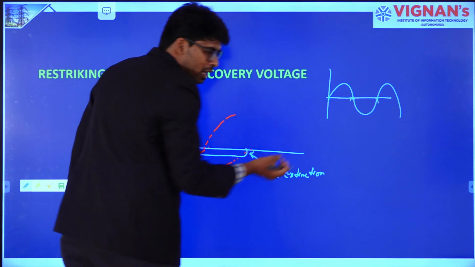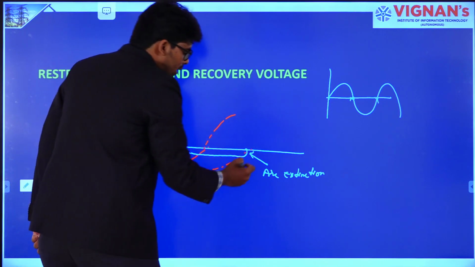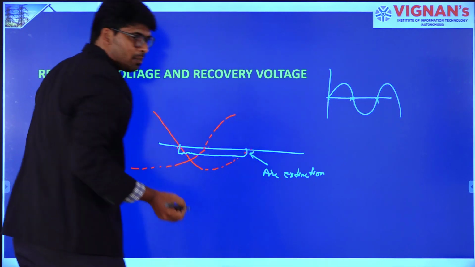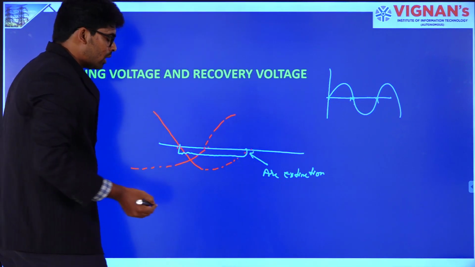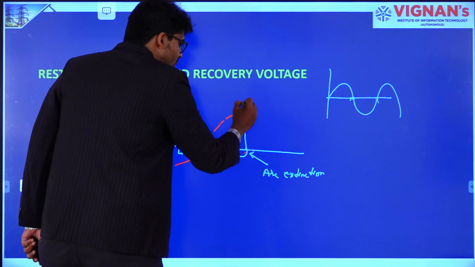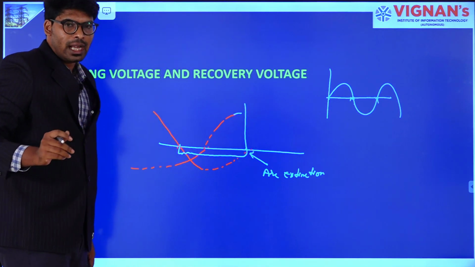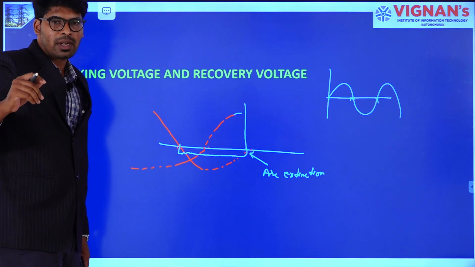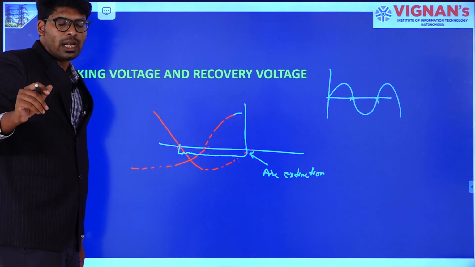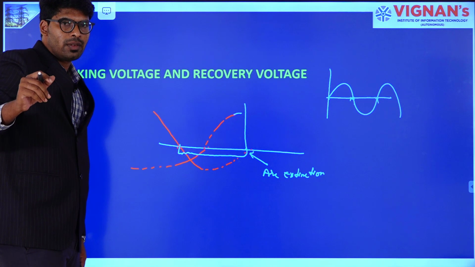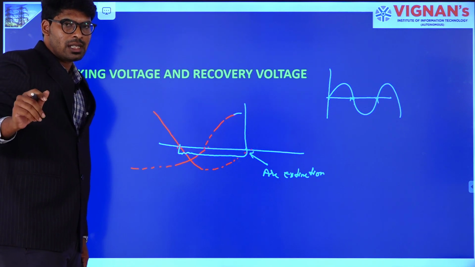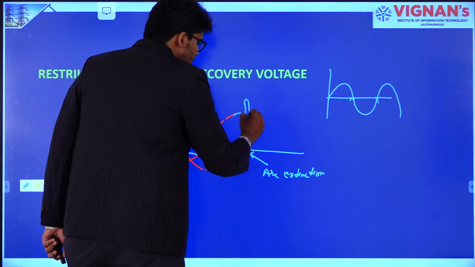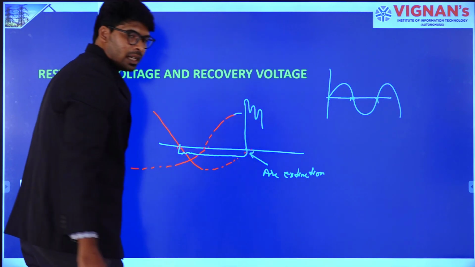If there is a minute change in the current signal, that means at this point there is a possibility of voltage, that is restriking voltage. As you know, an immediate change cannot be accepted by any system, and if not accepted, there will be a transient that occurs.